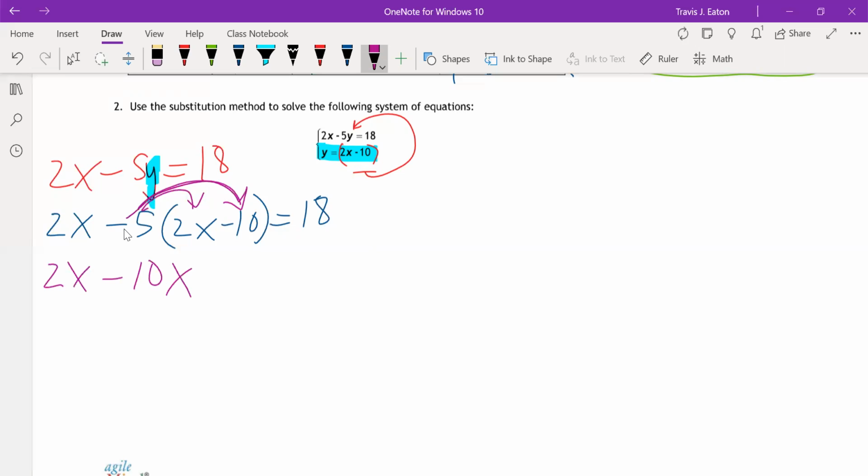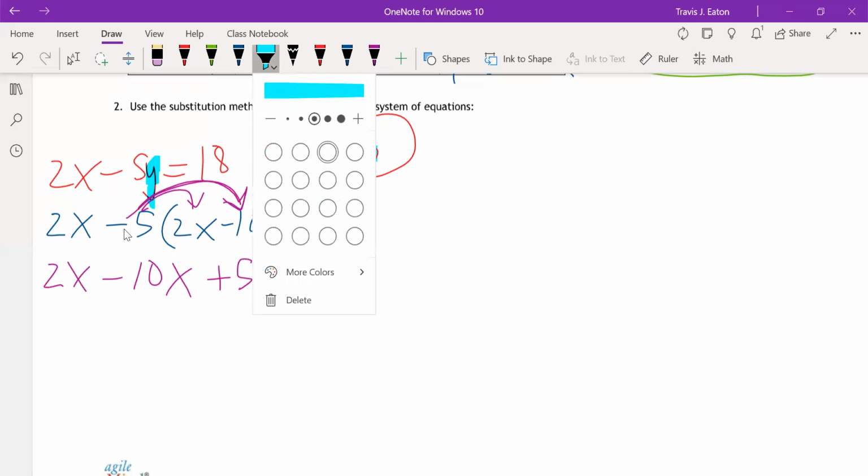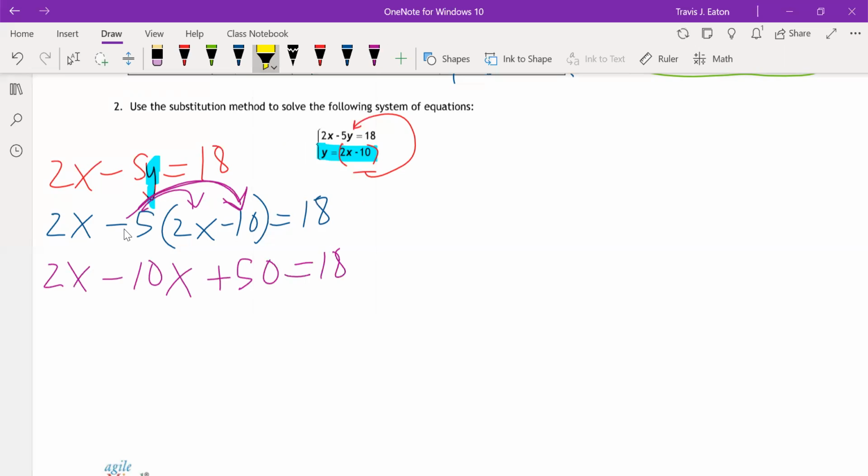And negative 5 times negative 10, and negative times negative is positive, positive 50 equals 18. All right. Now we can combine like terms, 2x and negative 10x. And so that would be negative 8x.